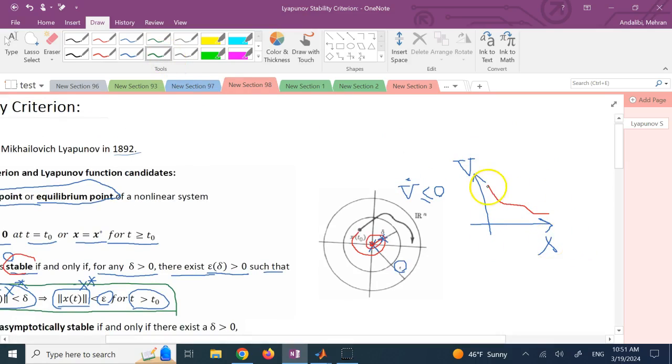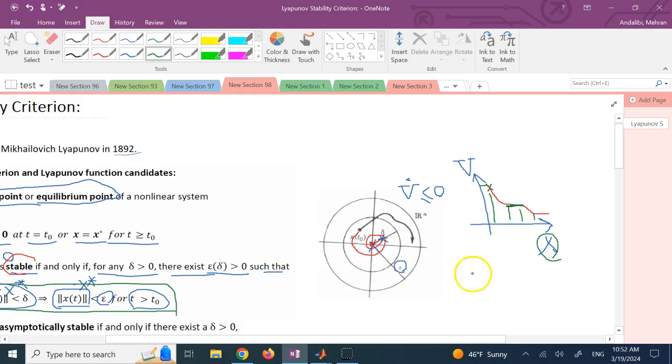If you start at this point, at this x, and V is decreasing, that means the norm of x is going to decrease over time. So if you start within a big circle, over time you're going to go to smaller circles, or at best you stay on that circle, and that's when V is staying constant.